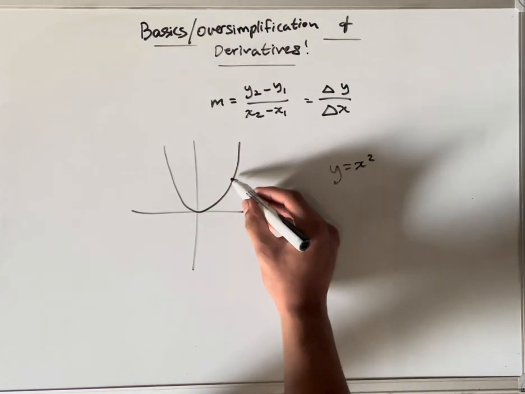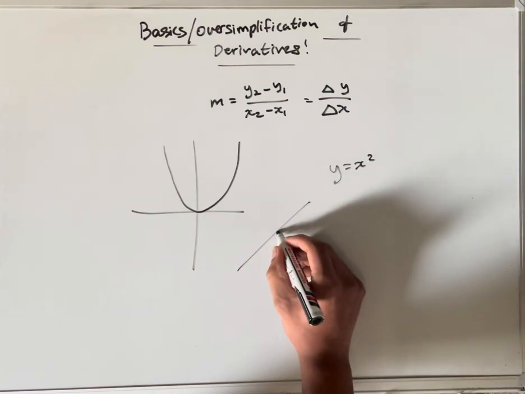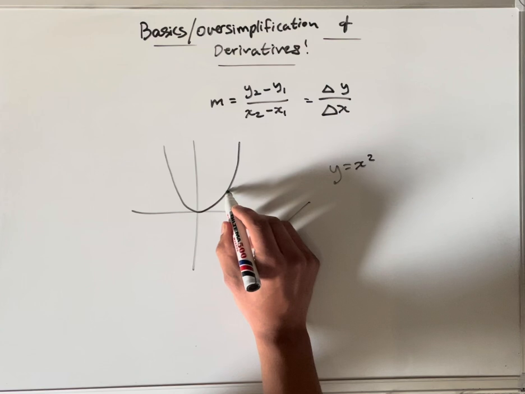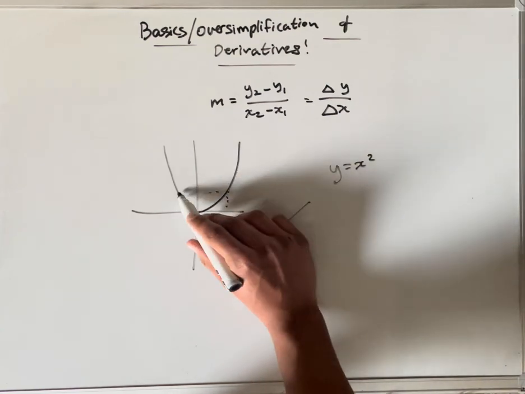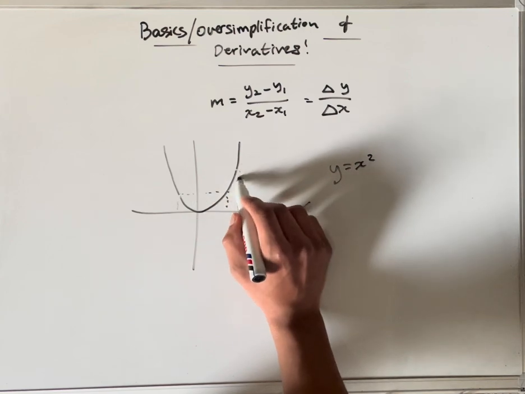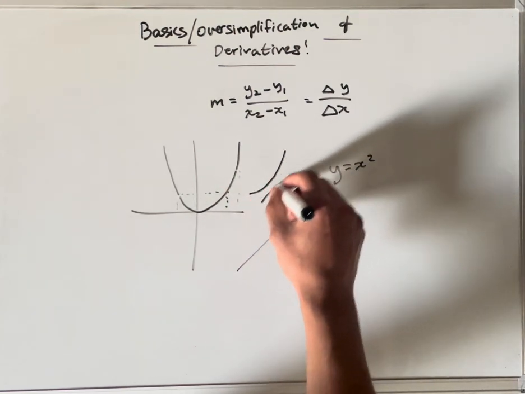The slope just is not constant. It's not the same as a line, right? This change in y here might be more or less than the change here, for example, or the change here. As you can see, it goes up like that. It doesn't stay straight the same.